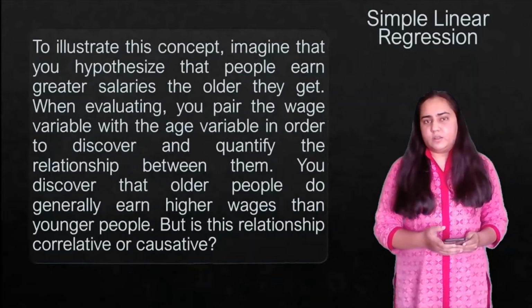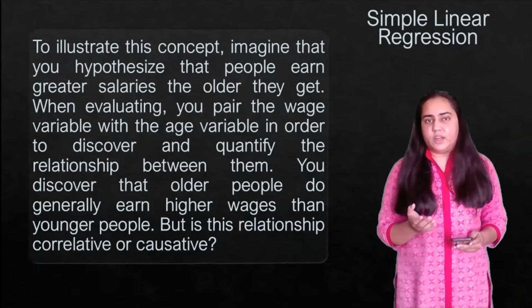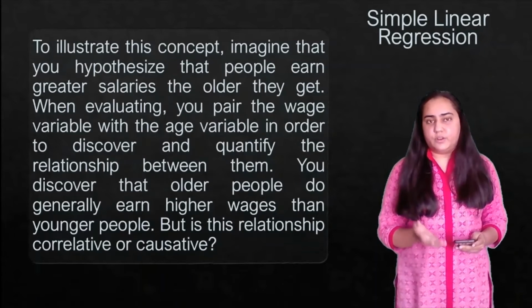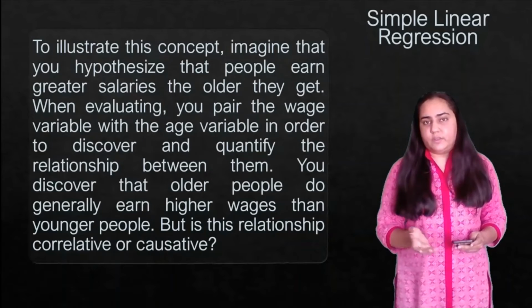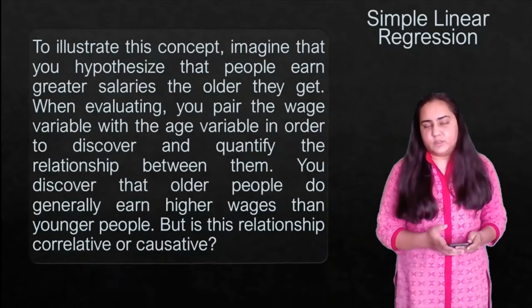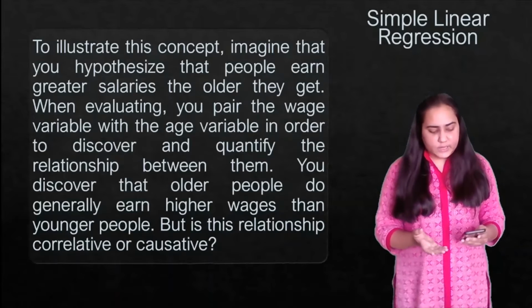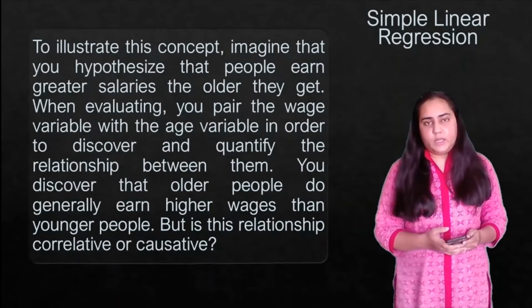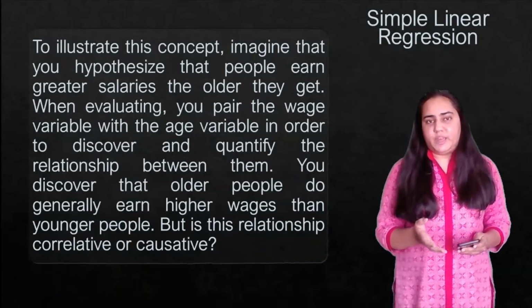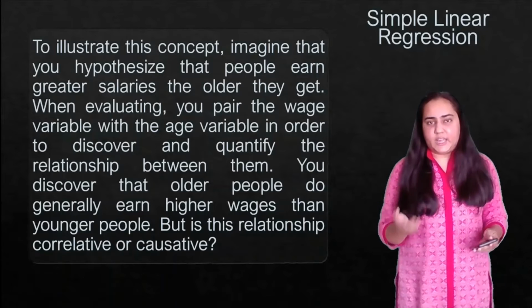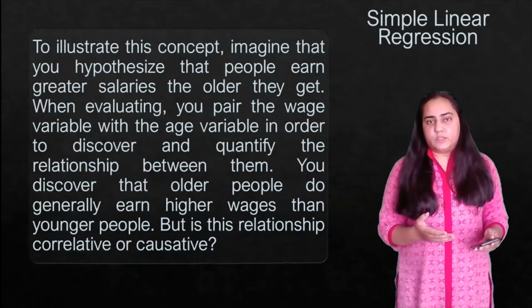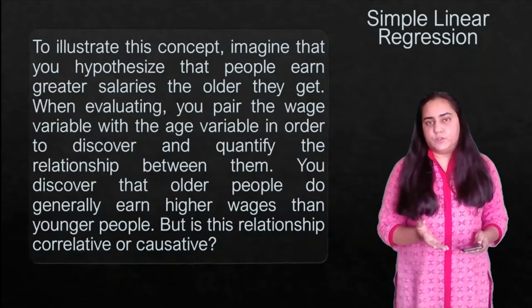Now, to illustrate the concept, imagine that you hypothesize that people earn greater salaries the older they get. So this is your hypothesis. People earn greater salaries the older they get. Now, when you're evaluating, you pair the wage variable with the age variable in order to discover and quantify the relationship between them.